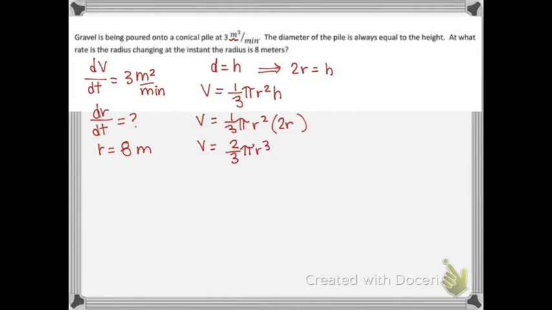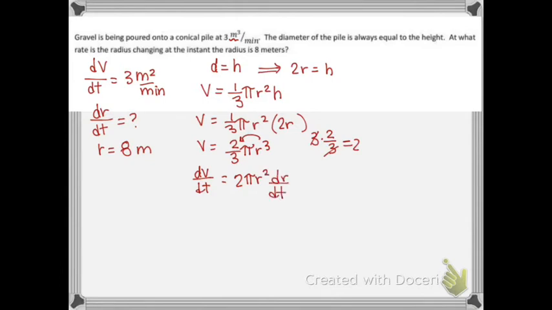So now that I've cleaned up the volume formula for this particular cone, I can go ahead and differentiate with respect to t. dV/dt equals, let's go ahead and use the power rule so that 3 comes to the front. And as you know, 3 times 2/3, those 3's are going to reduce, so that equals 2. So our coefficient is 2 pi r squared dr/dt.